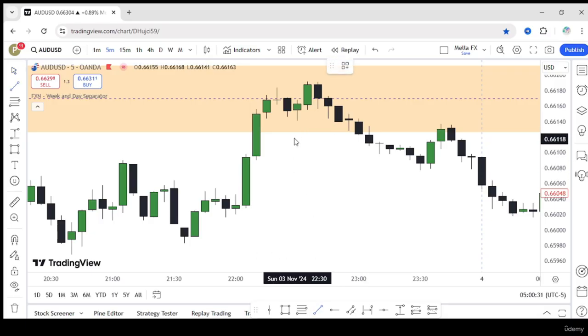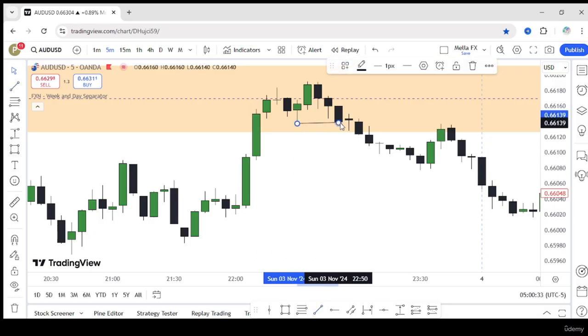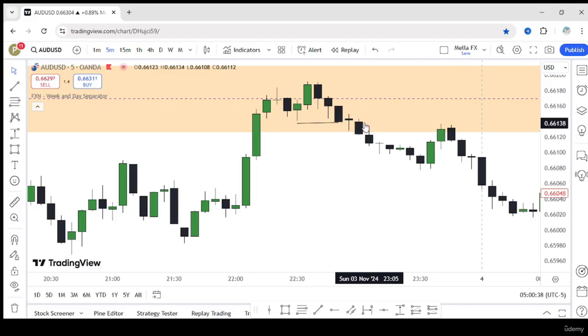From that breaking structure we got the break and also the retest, but the retest occurred later on.